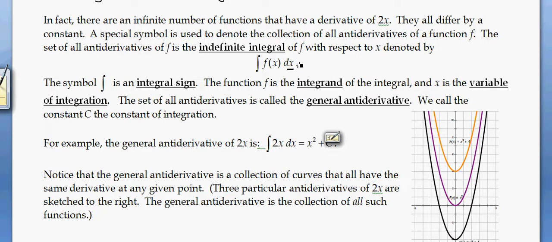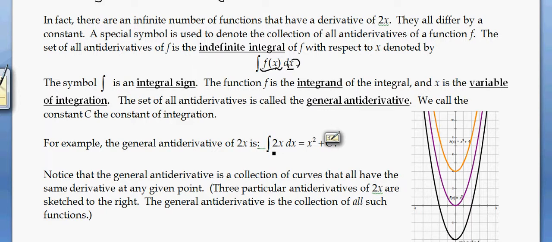The x part here tells you that you're integrating with respect to x. So it's telling you x is your variable. This is called the integrand right here, and this is the portion that we're going to be trying to take the antiderivative of. So this symbol with the dx means to take the general antiderivative of little f. When I say general antiderivative, I mean to find the set of all possible antiderivatives.